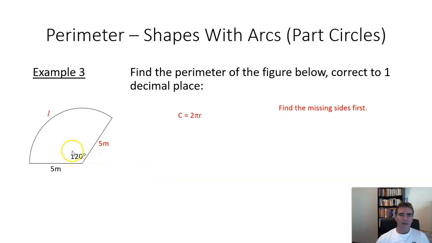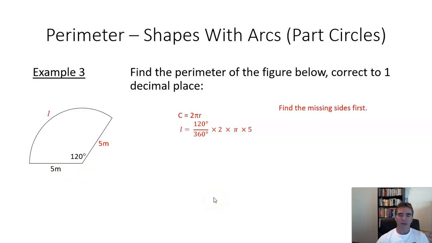Well, I just take that angle and I put it over 360 degrees. I don't need to simplify it, and sometimes they won't simplify, but I just take that angle and put it over 360 degrees because that's what part of a full circle that will be. So 120 over 360 times 2 times pi times my radius, and yes, 5 is my radius this time.